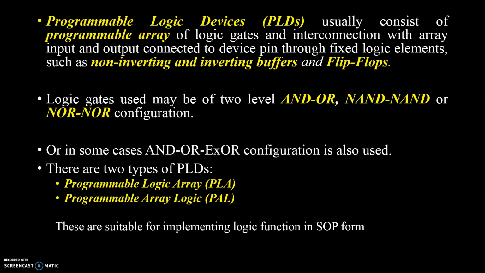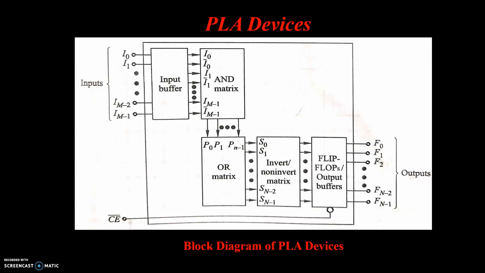Logic gates used may be of two-level AND-OR, NAND or NOR configuration, or in some cases AND-OR XOR configuration is also used. The two types of PLDs are programmable logic array, that is PLA, and programmable array logic, that is PAL. These are suitable for implementing logic functions in SOP form, that is sum of product form.